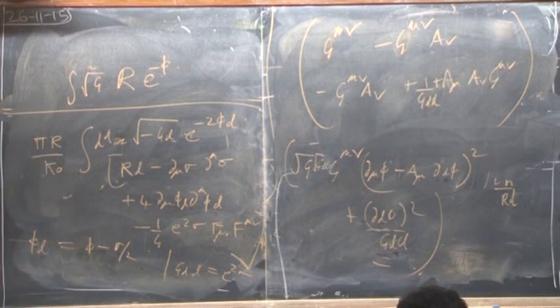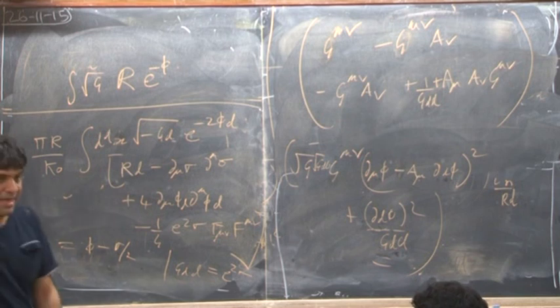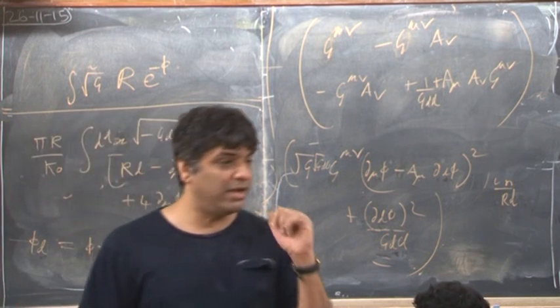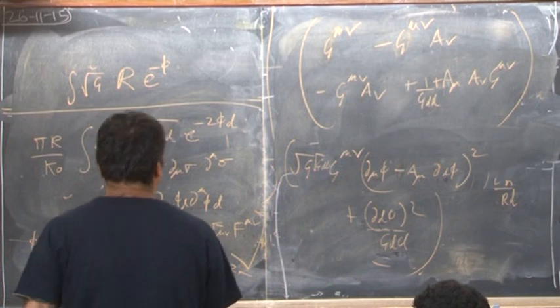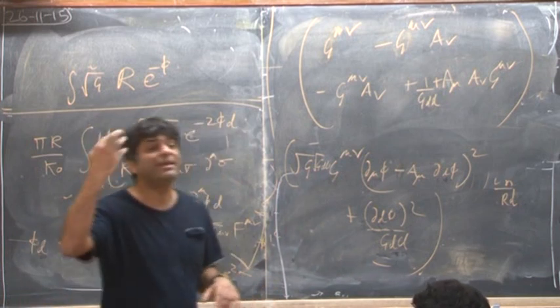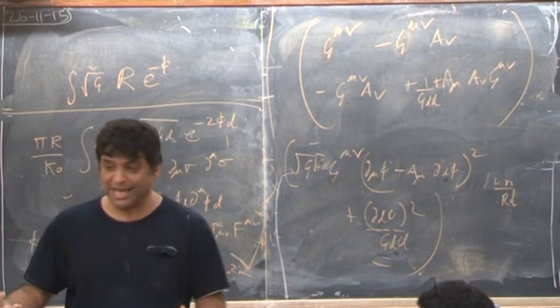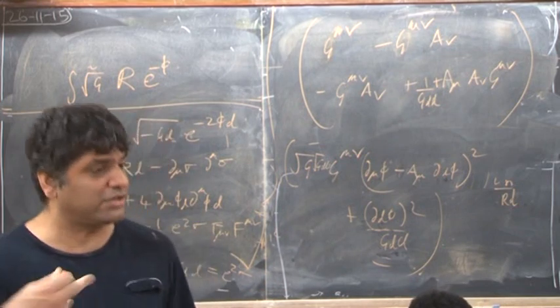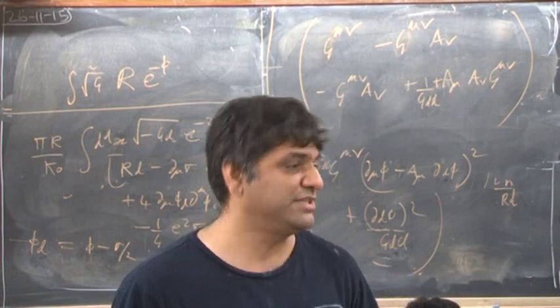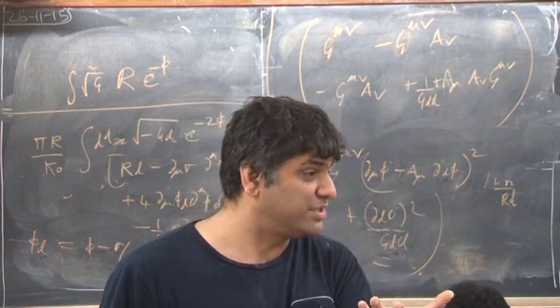Can you ask this of the gauge field also, if you have dependence on the direction? Yes, you can. If you started with a higher dimensional gauge field, then the Kaluza-Klein reduction of that would give mass and charge to that higher dimensional field.